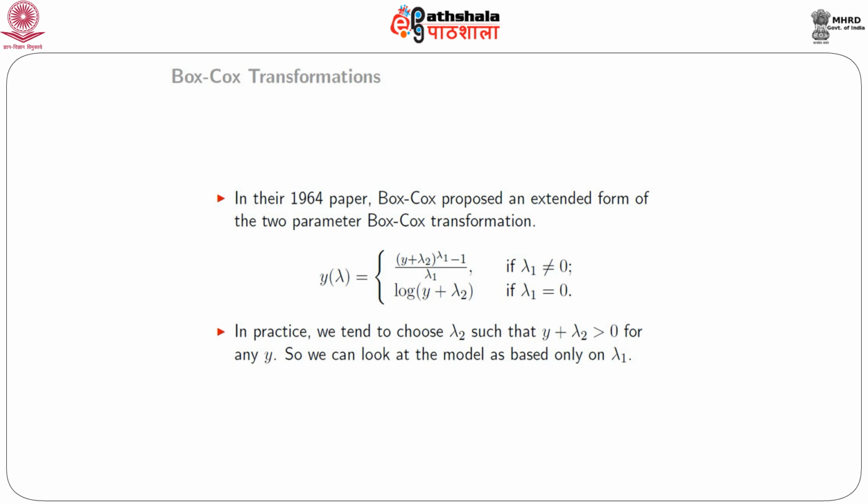In practice, we tend to choose lambda 2 such that y plus lambda 2 is greater than 0 for any y. But for computational ease, we most of the time use the first form of the Box-Cox transformation.